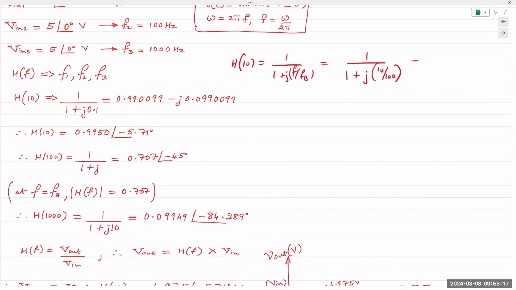This solves to 1 plus j 0.1. Then we would solve that using our calculators, or the way I would do it is change the denominator, because I'm performing a division, 1 divided by something. This is basically 1 angle 0, and the bottom would be some magnitude and some phase. Then I would perform that division.